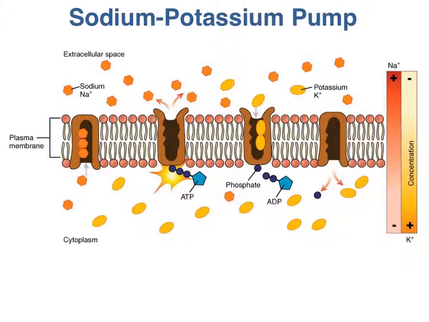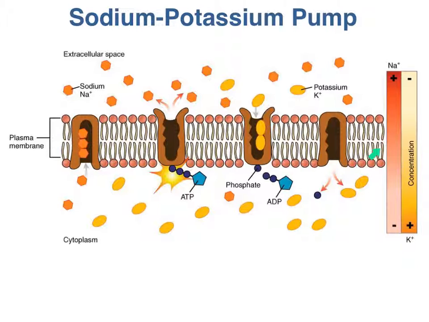The sodium-potassium pump is a really ubiquitous example of primary active transport. The sodium-potassium pump maintains sodium and potassium concentration gradients that are absolutely essential for the functioning of your nervous system and for muscle contraction.